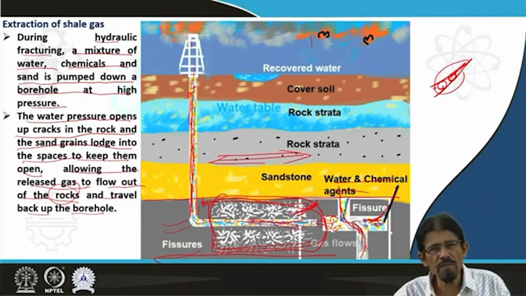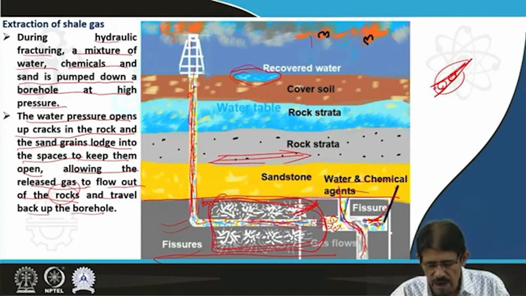The problems associated with extraction of shale gas are two. One is that the availability of huge amounts of water for hydraulic fracturing is a major problem. Another is the disposal of recovered water from the shale reservoir.